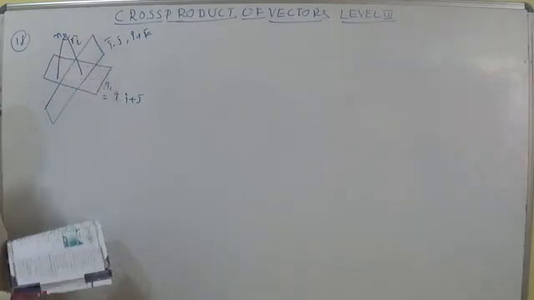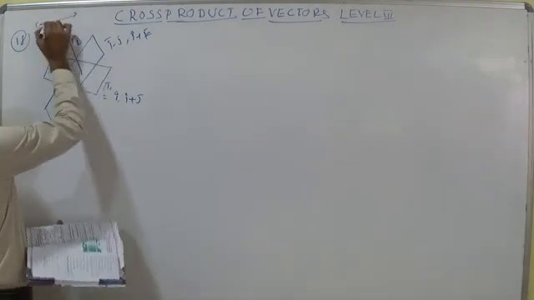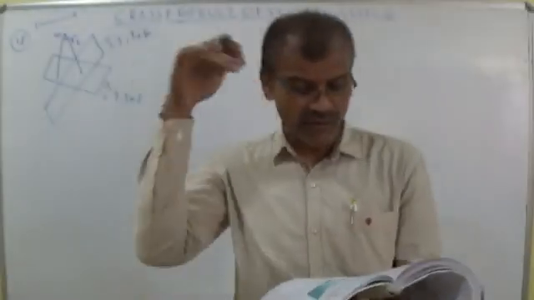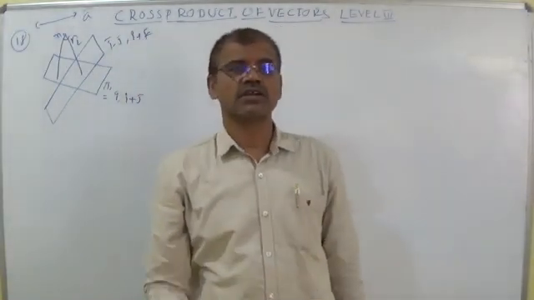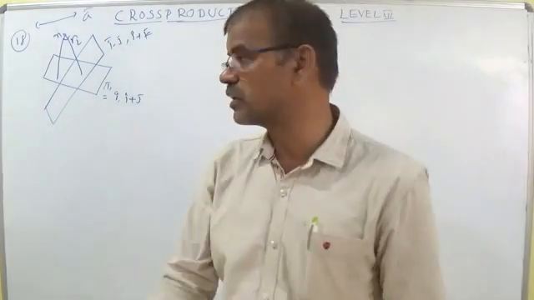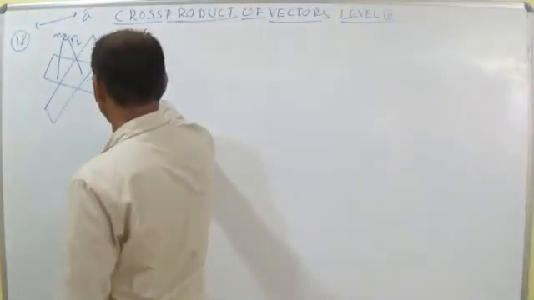These are the line of intersection. The student can try to understand that a vector perpendicular to both A bar and B bar is A cross B. This is plane pi 2.